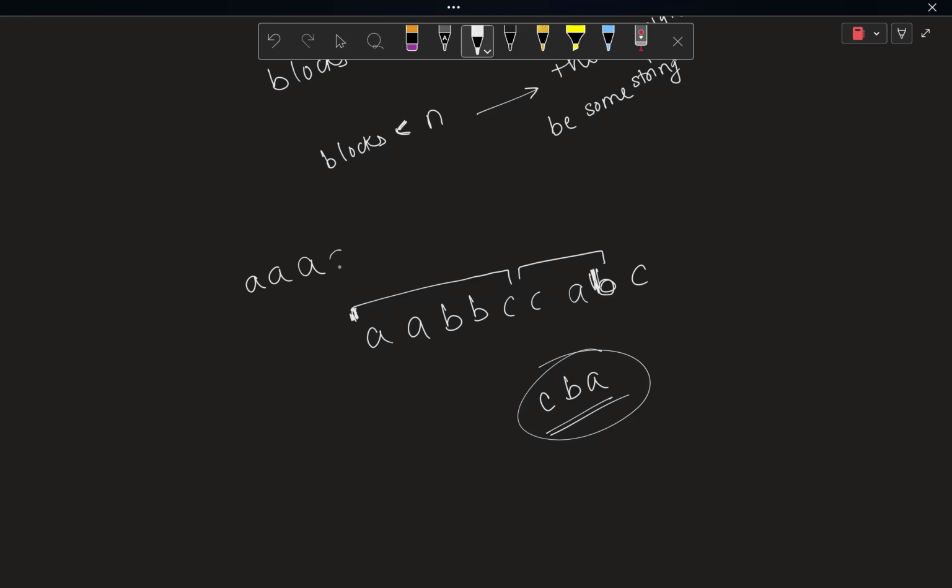If a string is something like a coming up too many times and then bc coming, this would be my block. What I mean by a block is that it contains all the k characters. There can be different ways, I just try to tell about the way I approach the problem.